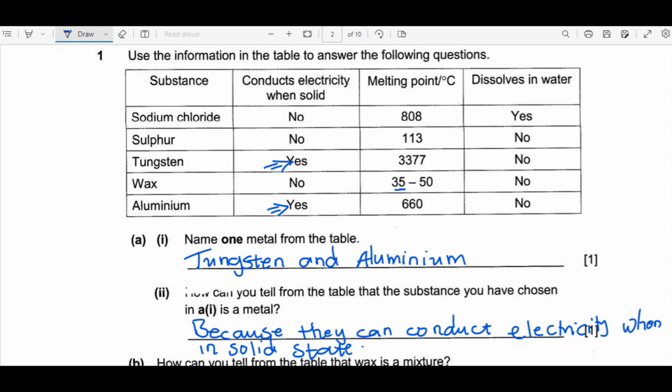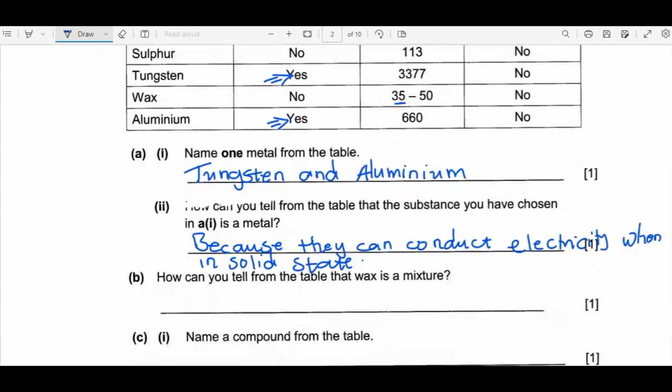So whenever you have a substance with different melting points, that is the qualification that the substance is a mixture. So that's what we are going to use here. So say because of different melting point.